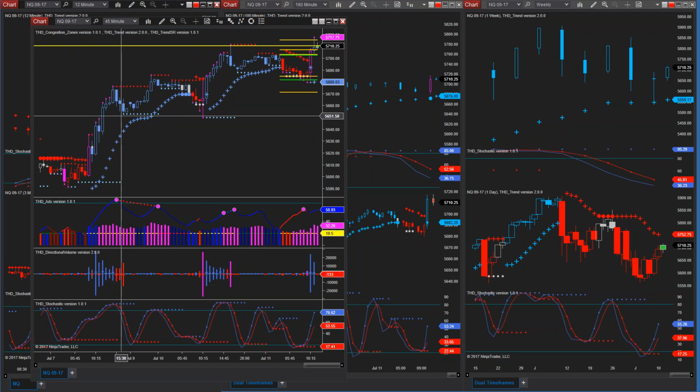Each time that you see at the bottom that there's a pink dot, you have made a new low. Okay? Each time there is a line that extends from it, you have an area that is providing either support or resistance.